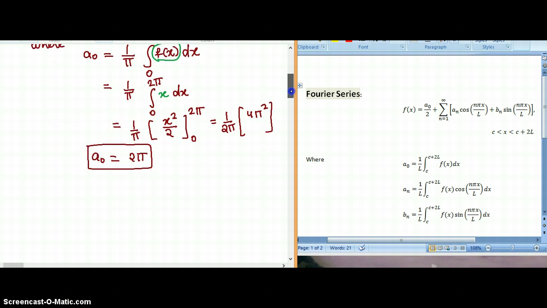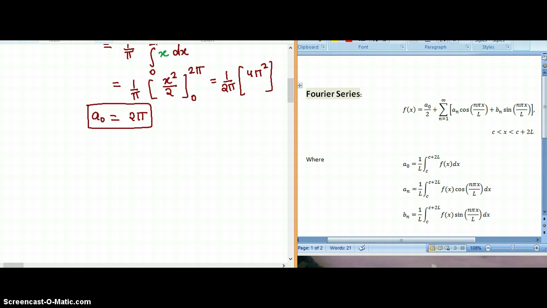Similarly, we need to find the values of an and bn. For an, it is given by 1 over l, where l is π, so 1 over π, integral c to c plus 2l, which in our case is from 0 to 2π, of f(x) cos(nπx/l) dx, where l is again π.